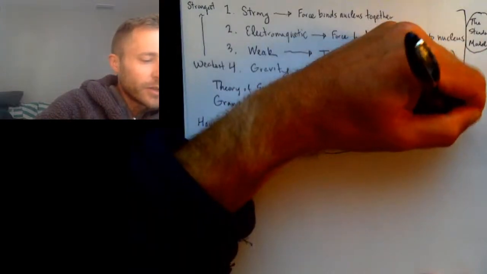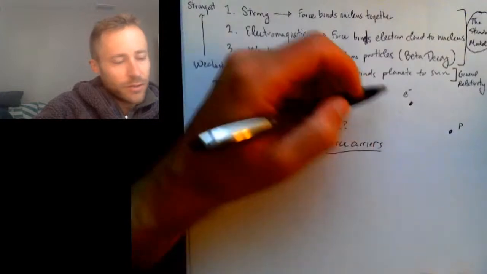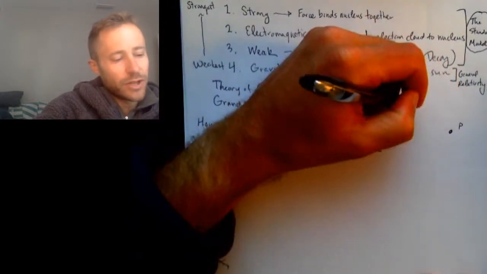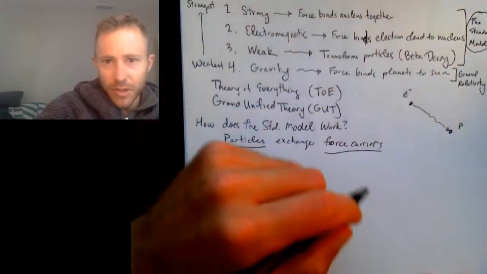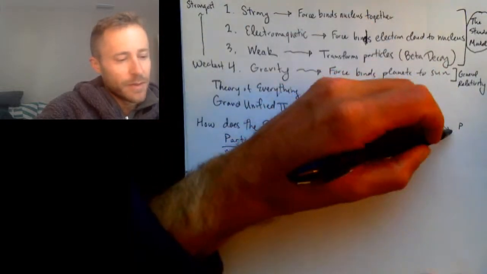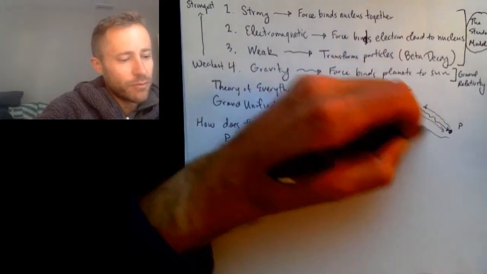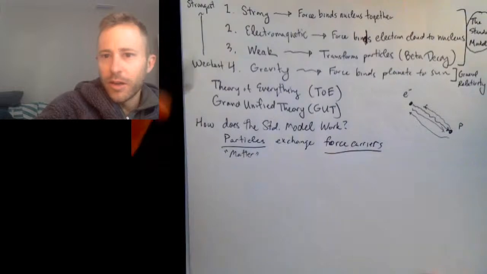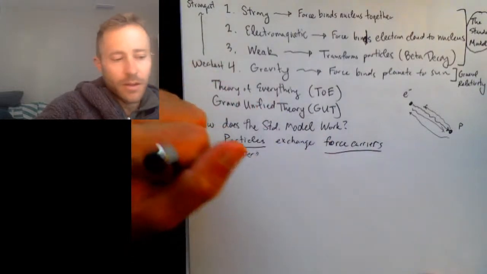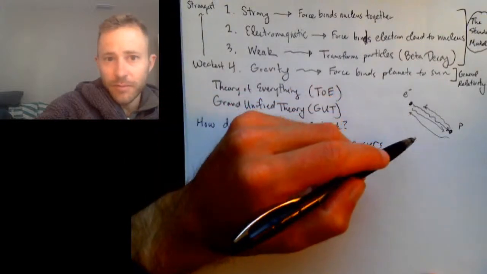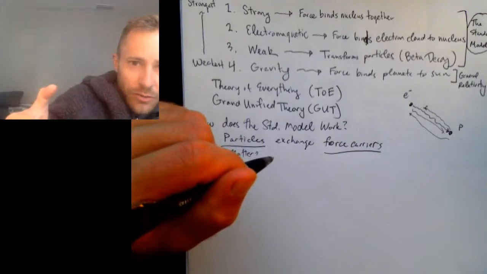And here is a proton. And these protons and electrons are exchanging force carriers. So it's like they're launching missiles at each other almost. It's going back and forth. Back and forth.